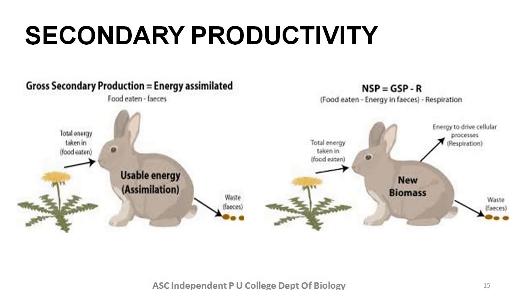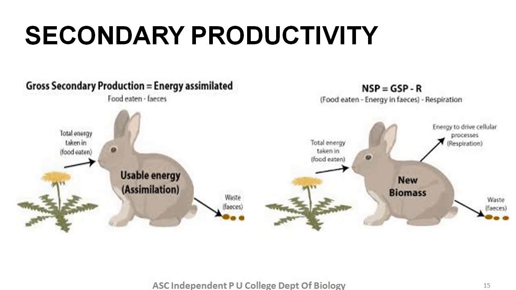Okay, now that organic matter is utilized by the rabbit for its cellular processes like respiration. So some energy will be lost during the process of respiration. Whatever is left after respiration and any kind of energy loss is our net secondary productivity.